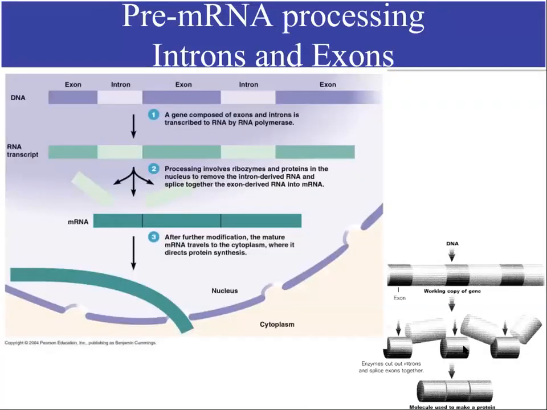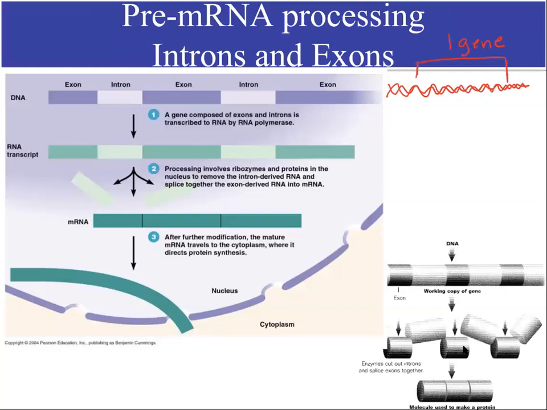All right, so now what kind of processing are we talking about? It turns out that if this was a piece of eukaryotic DNA, so this was your chromosome, and let's say that that was one gene's worth of DNA on your chromosome.